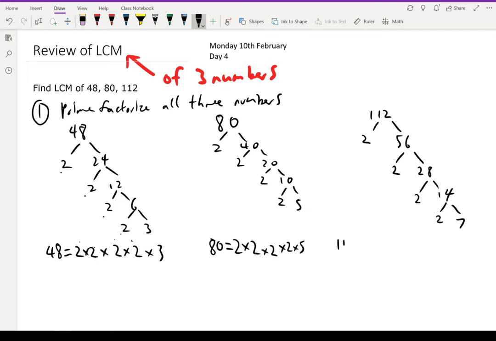And then we have 112 is equal to 2 times 2 times 2 times 2 times 7. Now, this is probably not the best example, but I'll do another example later.